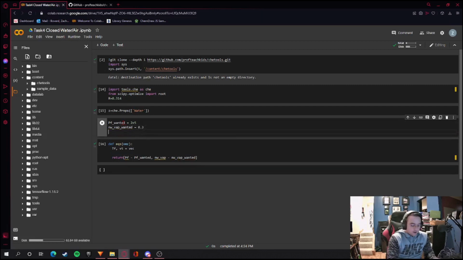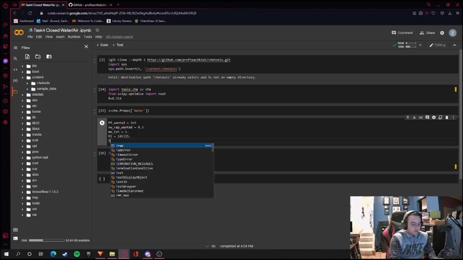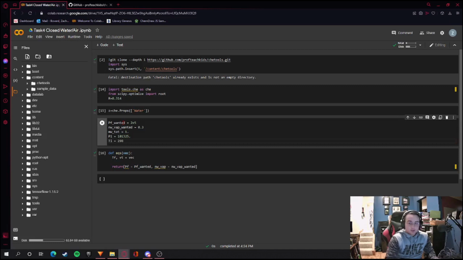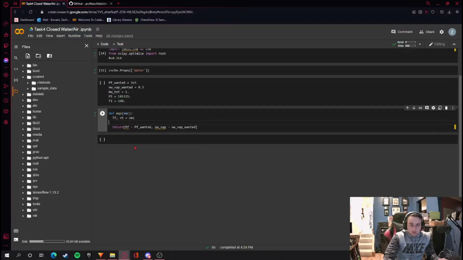And then we also have our total mass of water, so I'll just call that MW tot, and that is 1 kilogram. And then we also have our initial pressure, which is 1 atmosphere, so 101,325 pascals. And then we also have our initial temperature, which is 298 Kelvin. Our goal now is to fill all of this middle section in with a bunch of equations in order to get to this point.